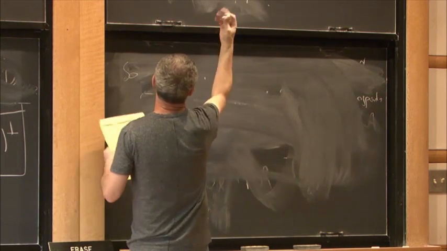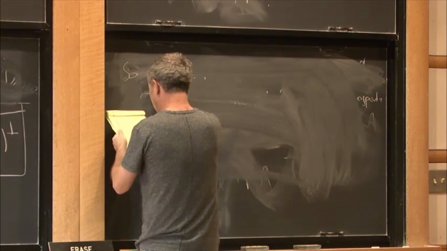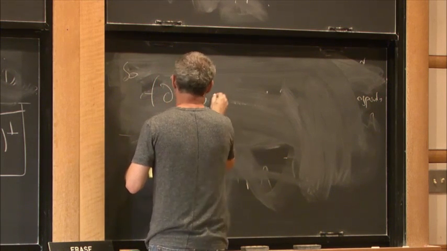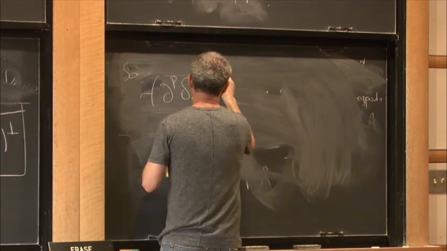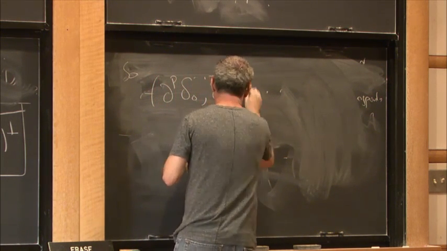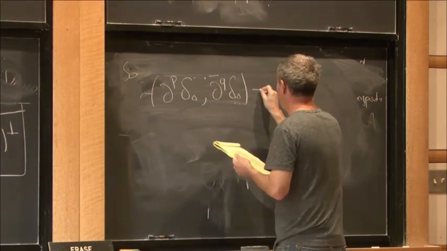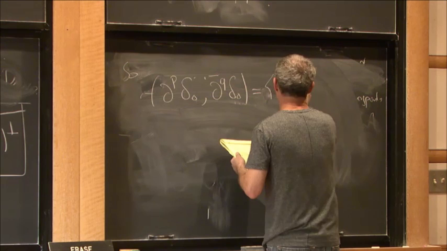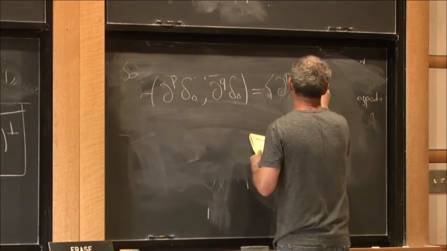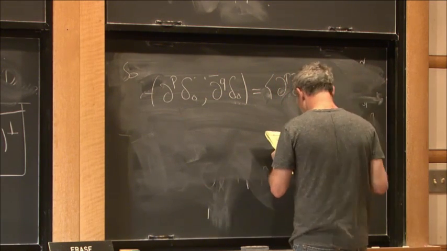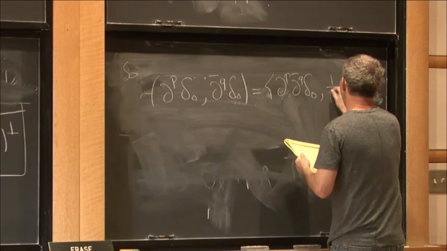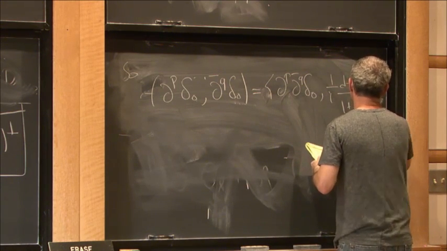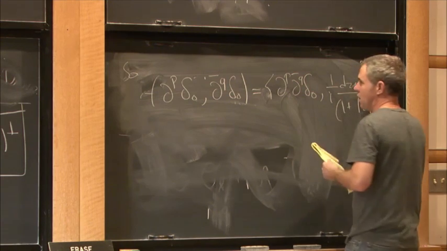And those are global sections. Obviously, everything's supported at a point. So partial^P delta_0, partial^Q bar delta_0, that is equal to partial^P partial^Q bar delta_0 evaluated on this 1 over i dz wedge dz bar over (1 plus z squared) squared.